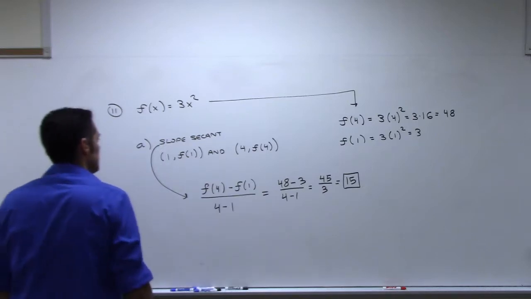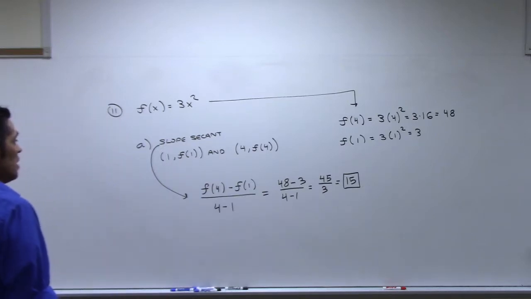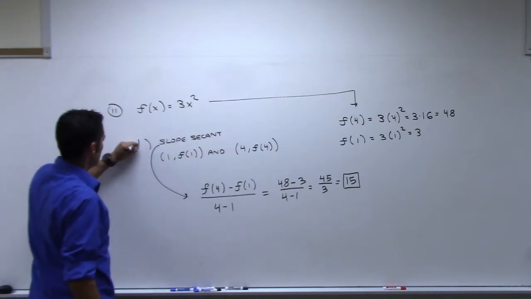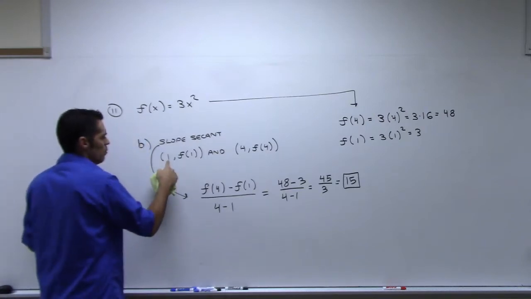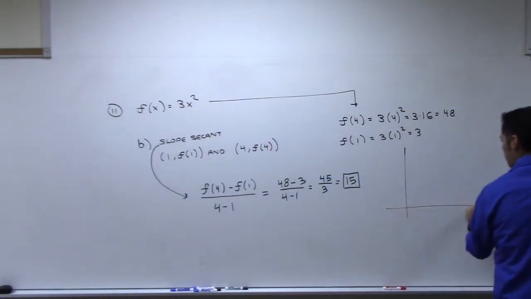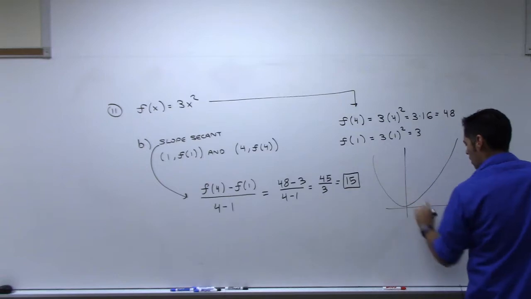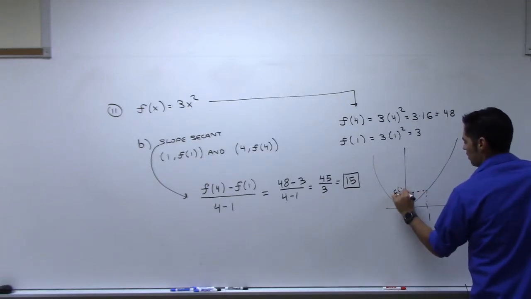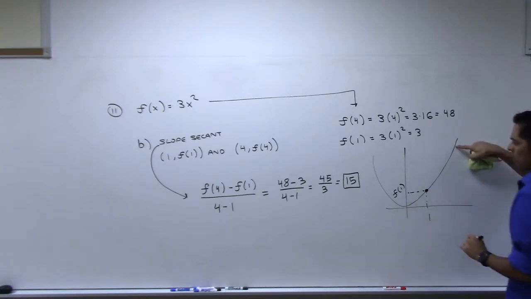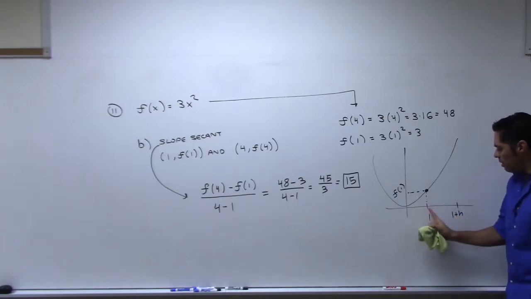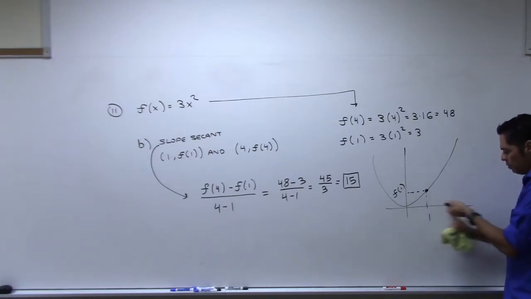Now we want to do the exact same problem for part B, except we're going to change one thing. Instead of going from the point 1, f of 1, to the point 4, f of 4, we're going to go to some arbitrary point 1 plus h. So it's just this 1 plus something, so moves it to the right.